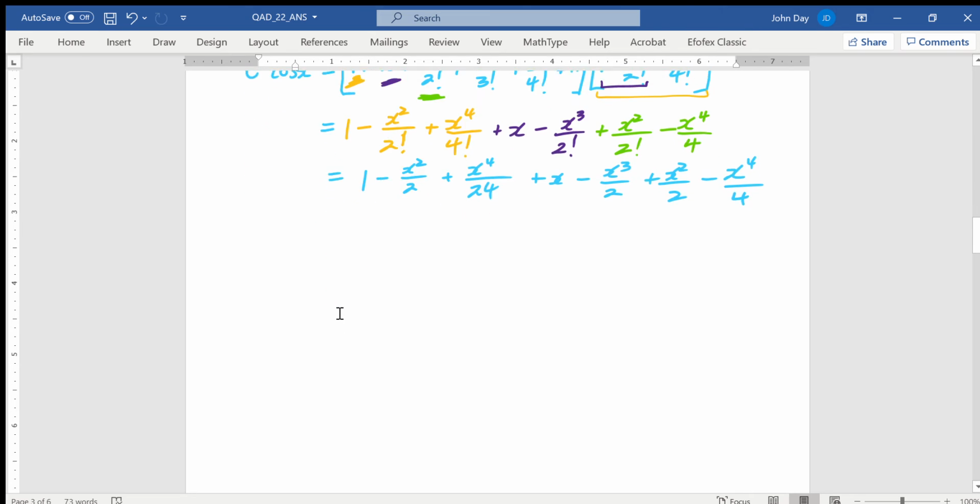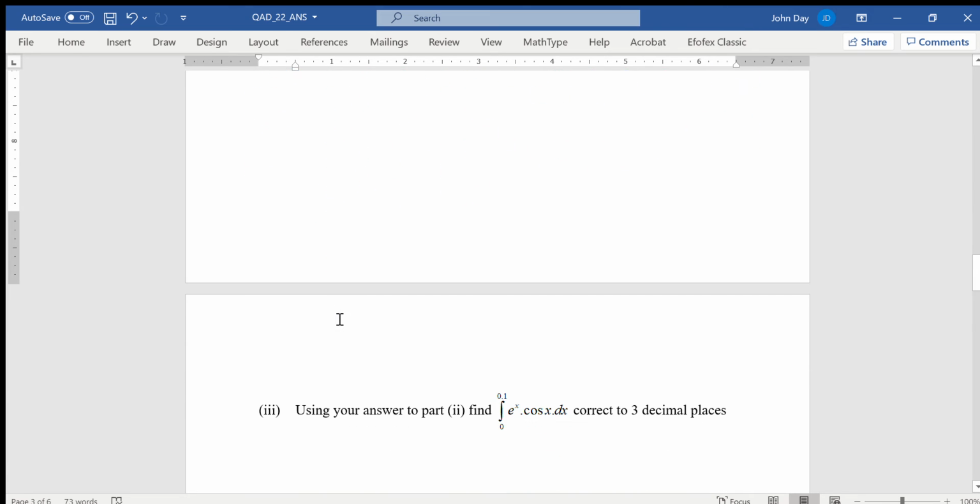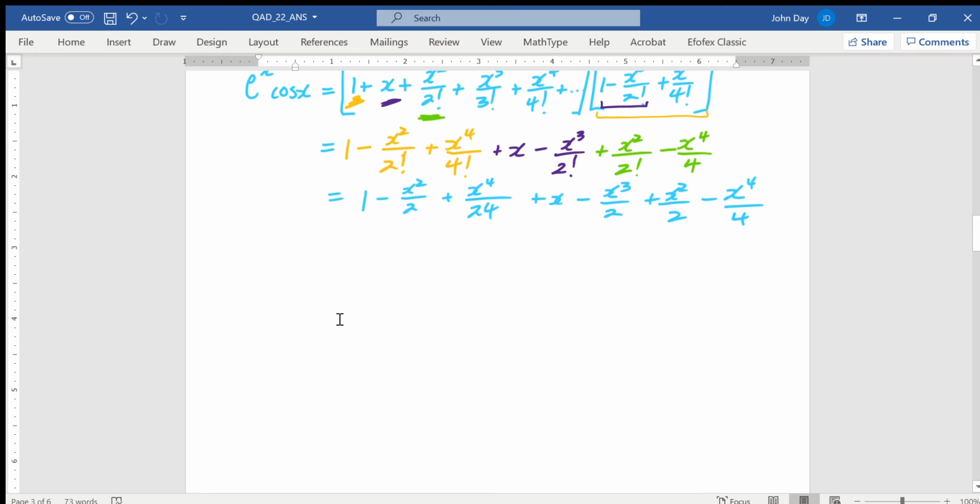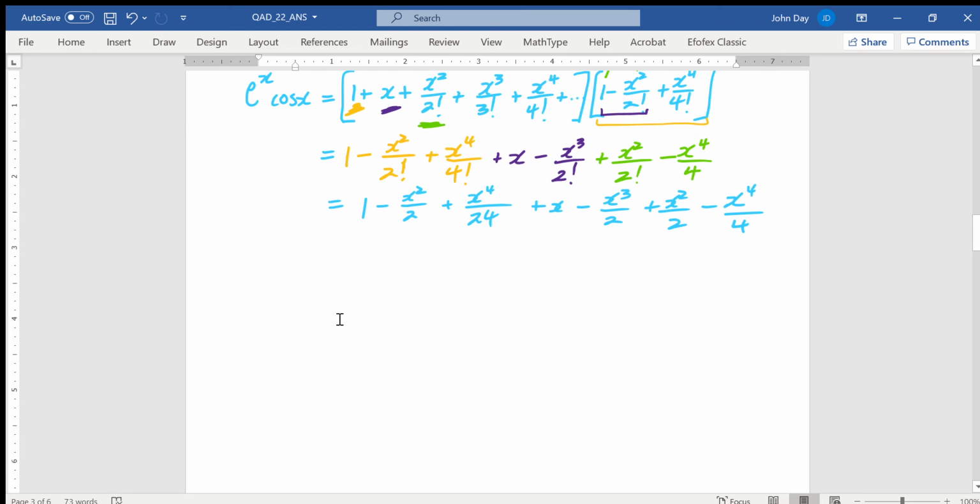Why are we trying to do this? Because we're going to be integrating that. So why don't I gather it together and get the actual powers now. So there's a 1, and then the x's, there's just plus an x. And the x squared, there's minus x squared on 2 plus x squared on 2.